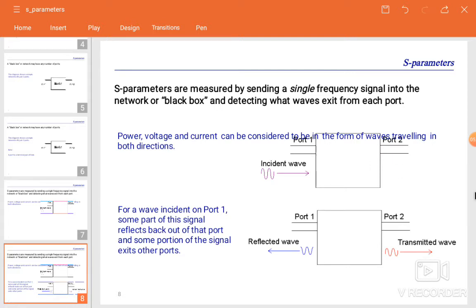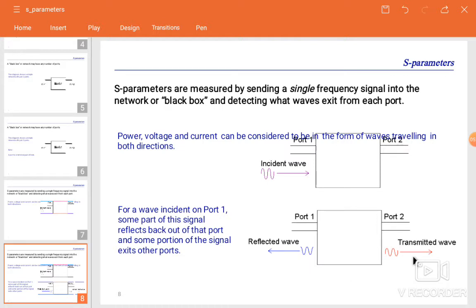So the power, voltage and current can be considered to be part of waveforms traveling in both directions. Like shown here, this is one wave traveling, this is a reflected wave, and this is a transmitted wave.